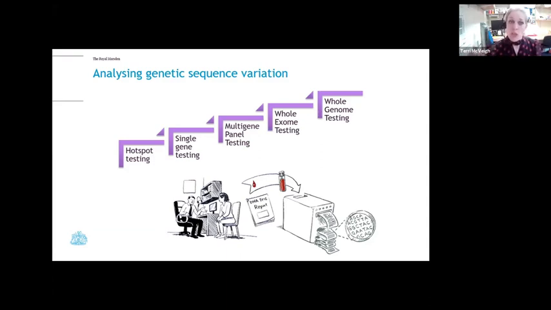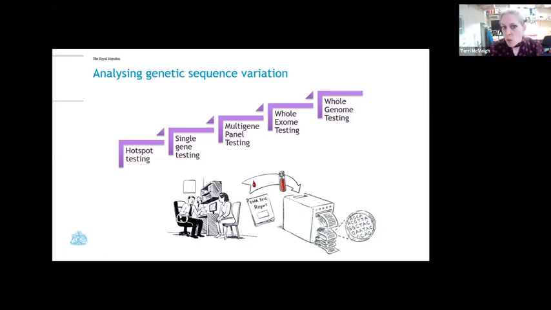If you wanted, you could literally just look for that particular variant, but you're limiting the utility of your test because you could look more broadly for other variants in that particular gene. You could focus literally on that gene, or on the gene and the other members of that particular family. But more and more, we're increasingly using things like whole exome, where you sequence literally all of the coding regions of the known disease genes, or whole genome, where you sequence not only the coding regions, but also the non-coding regions as well.